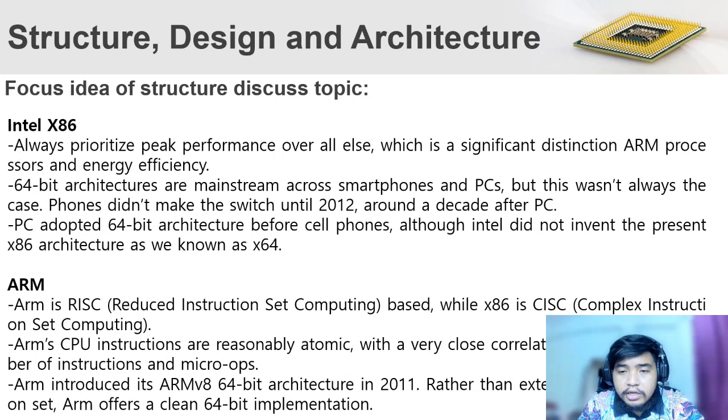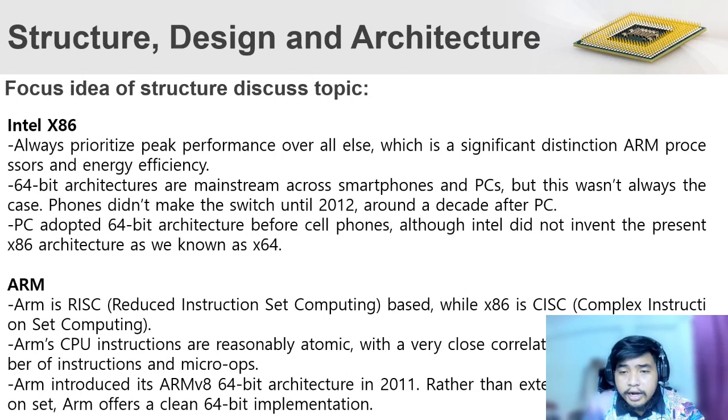Intel x86 uses a 64-bit architecture, mainstream across smartphones and PCs, but this wasn't always the case. Phones made the switch only in 2020, around a decade after PCs. PCs adopted a 64-bit architecture before cell phones, although Intel did not invent the present architecture we know right now as x64.